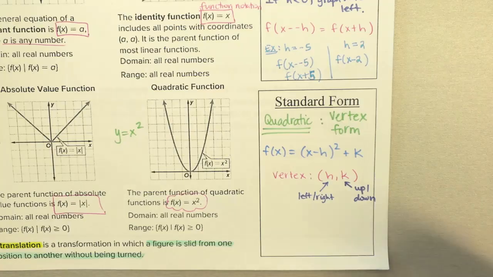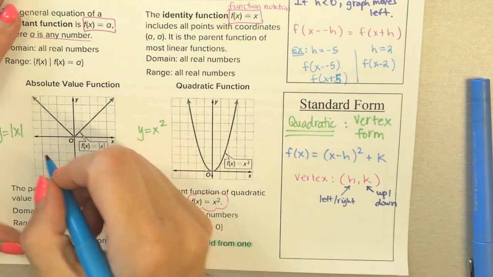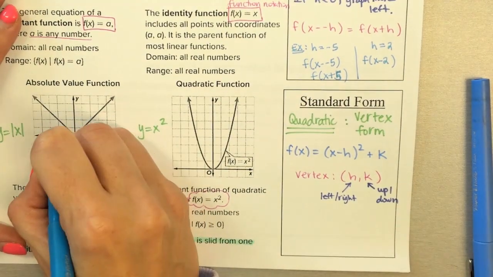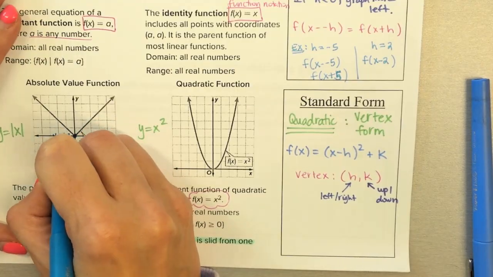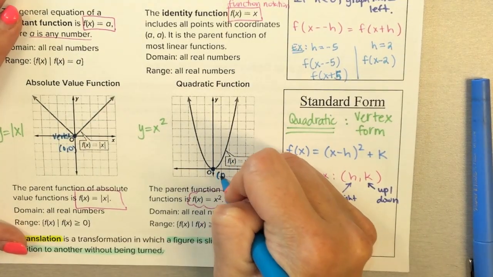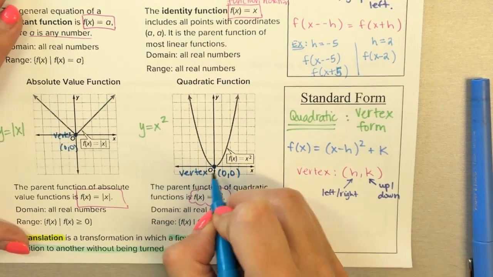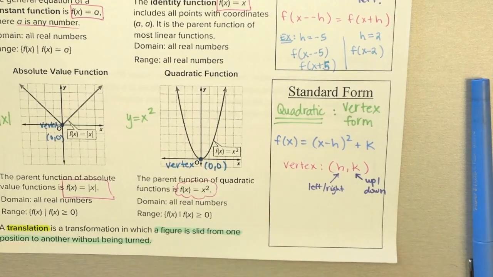And then we also have the absolute value that can be written in this vertex form. Okay, because just like we saw yesterday, when we were graphing these, we had a vertex. Your vertex here was 0, 0. This also has a vertex, 0, 0. Okay, so both absolute value and quadratics have a vertex.